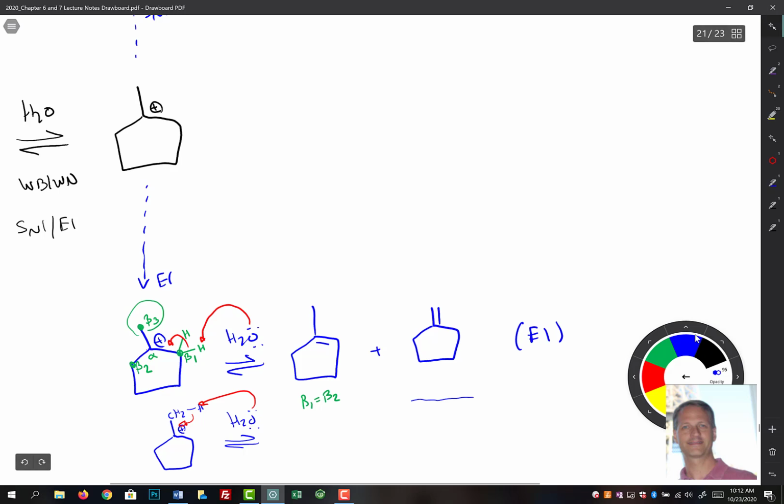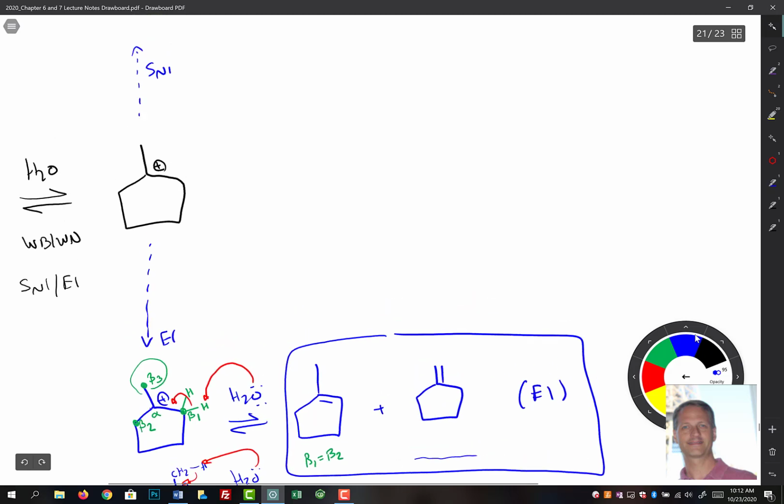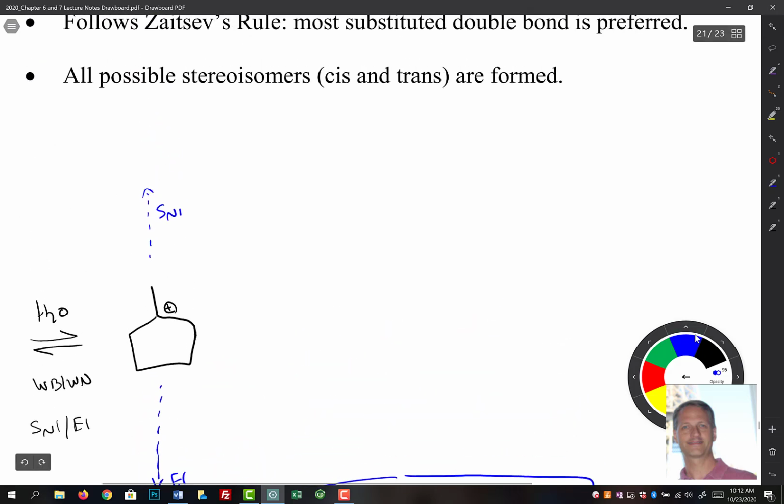Now, that's 2 of our products, but we're not done yet, because we have that carbocation and we have water present, so solvolysis, or the SN1, can occur too. If we come over here, and I'll use green for that, we have our plus charge right there, we have water. So remember the steps of that reaction. Come around and we do this.